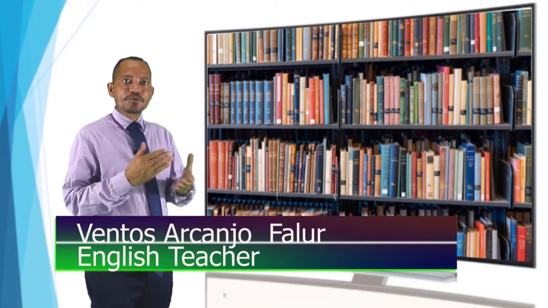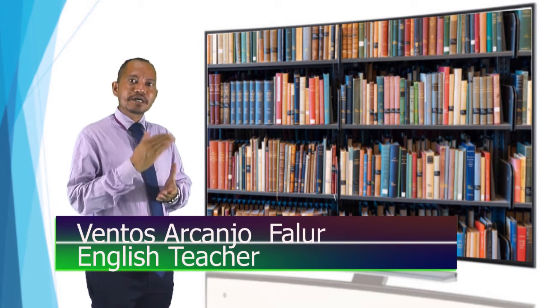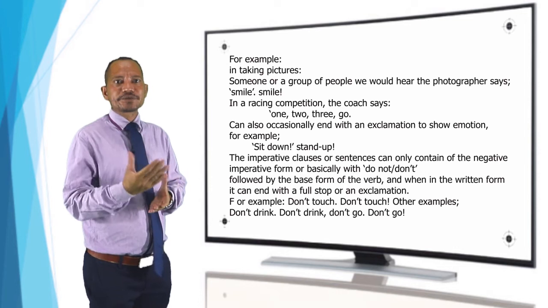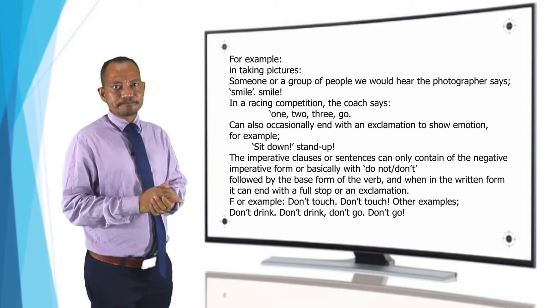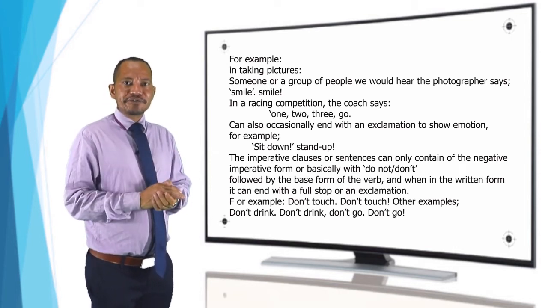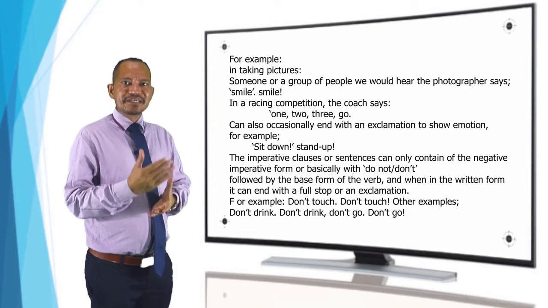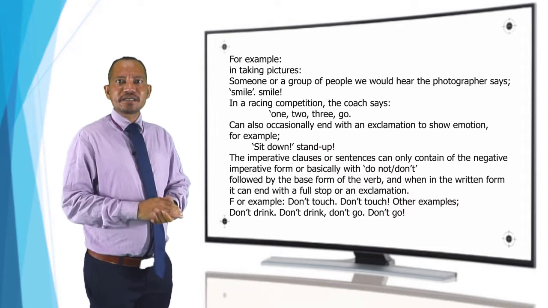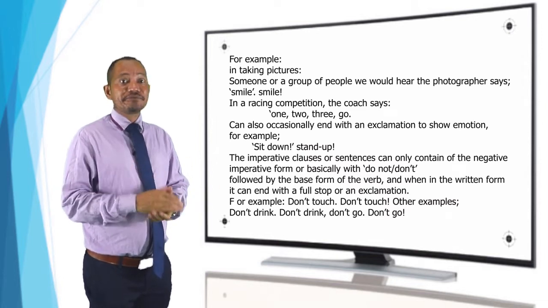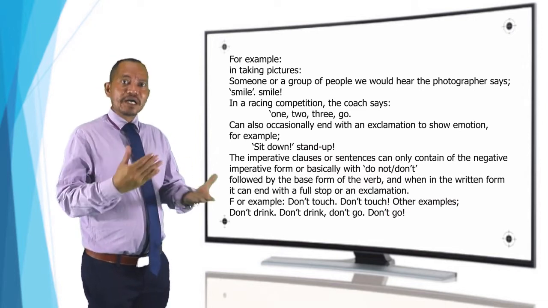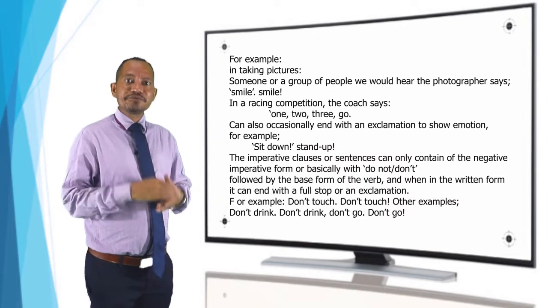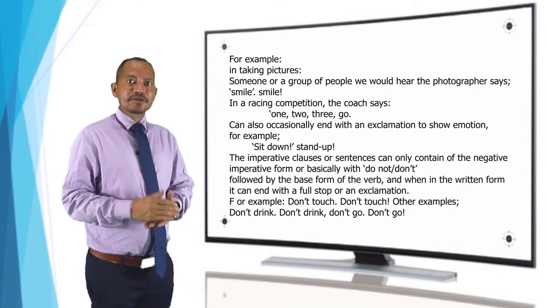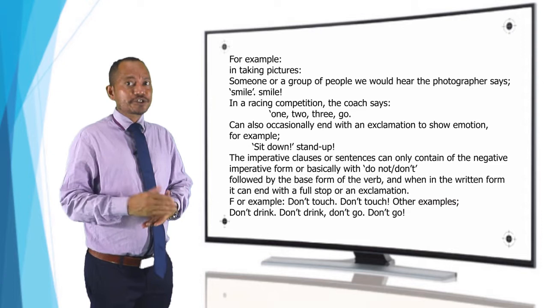There is also one very important point I'd like to add here with the use of the imperative clauses or sentences. The imperative clauses or sentences sometimes only contain the base form of the verb itself, and when in written form, it usually ends with a full stop.